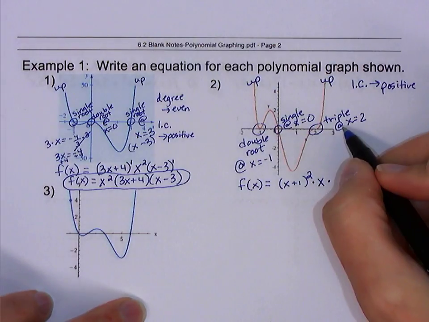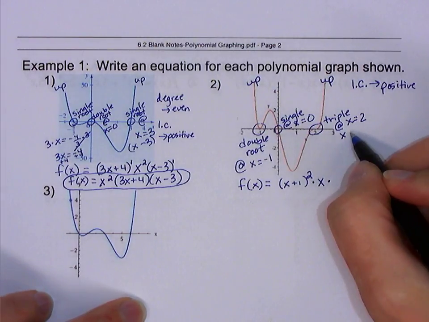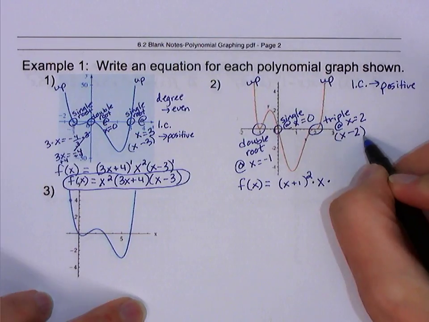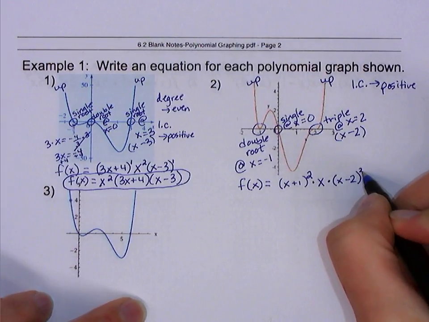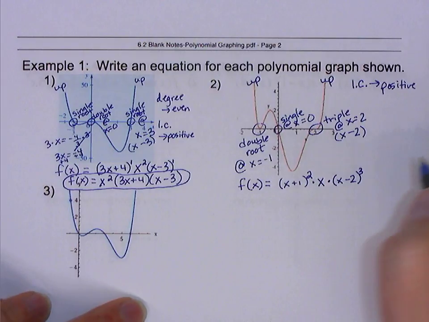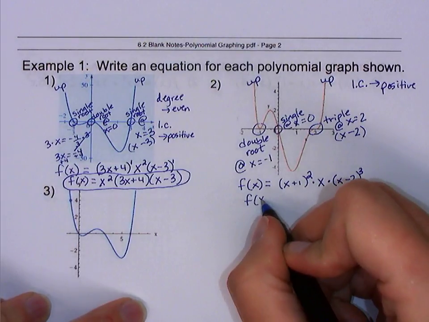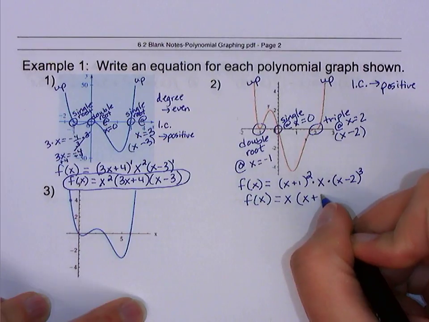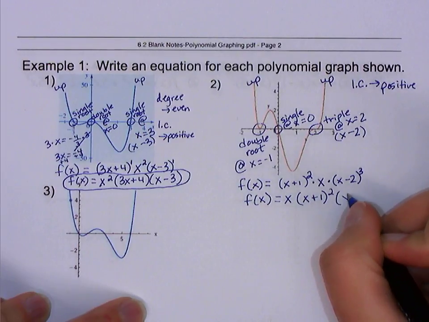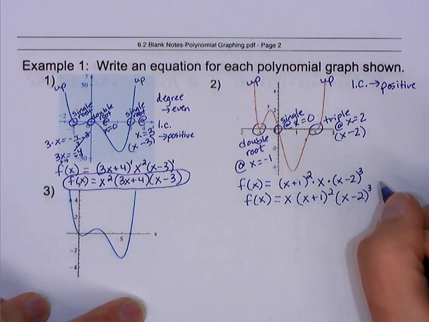And then you have a triple at x equals 2. So that would be x minus 2, and since that's a triple, you cube it. So the better way to write it would be, put your x out front, x plus 1 squared, x minus 2 quantity cubed.